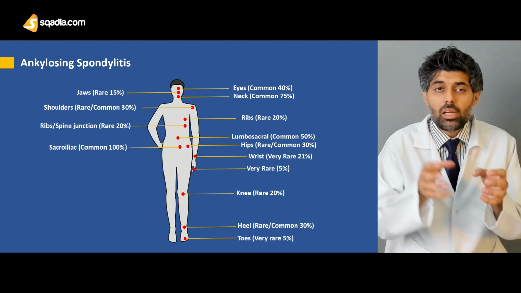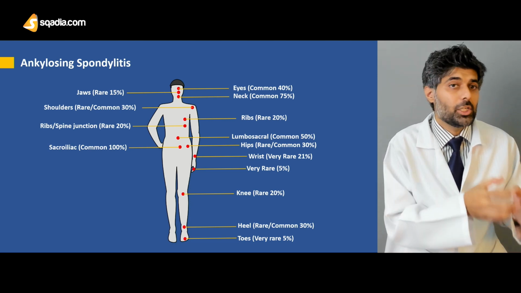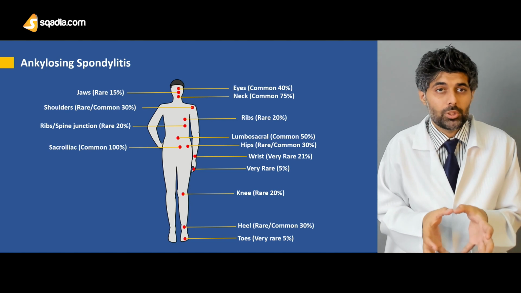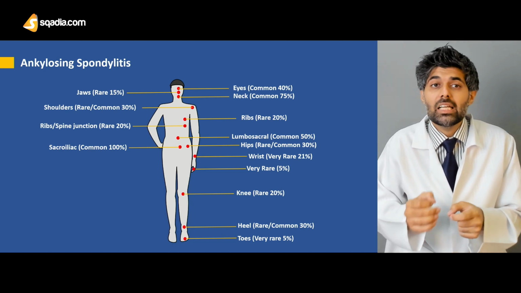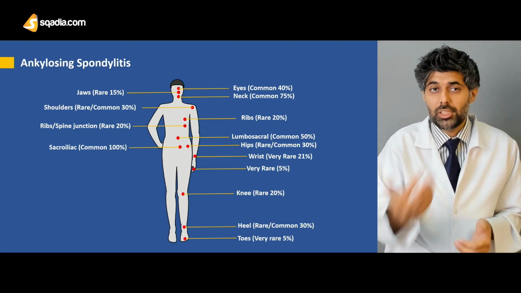So that's why inflammation of the eye, or anterior uveitis, is more important, because sometimes it comes even before the disease of which it is a part.